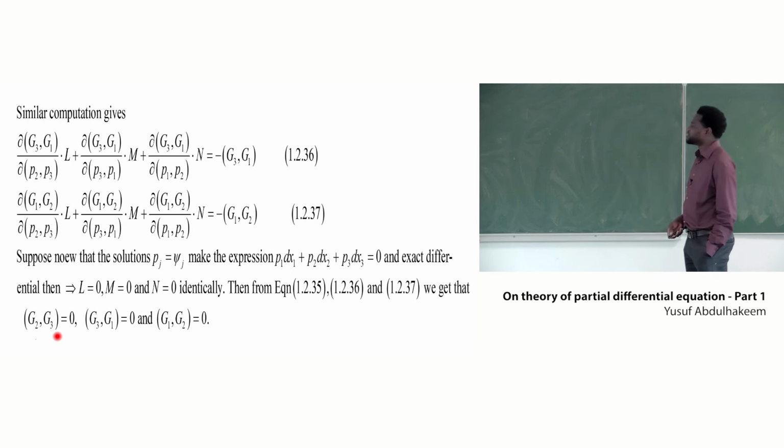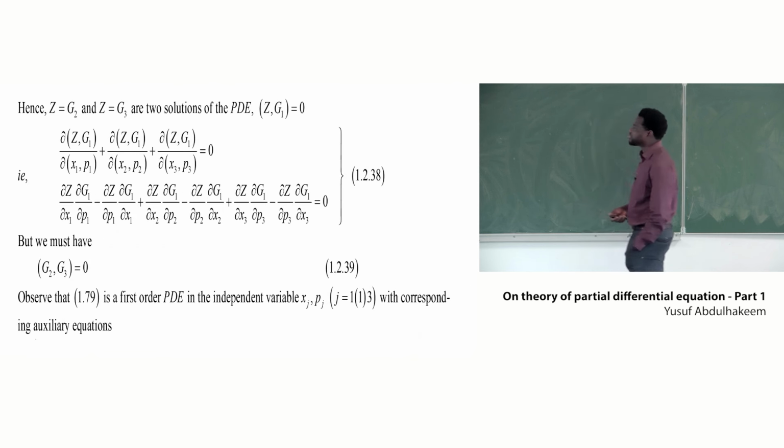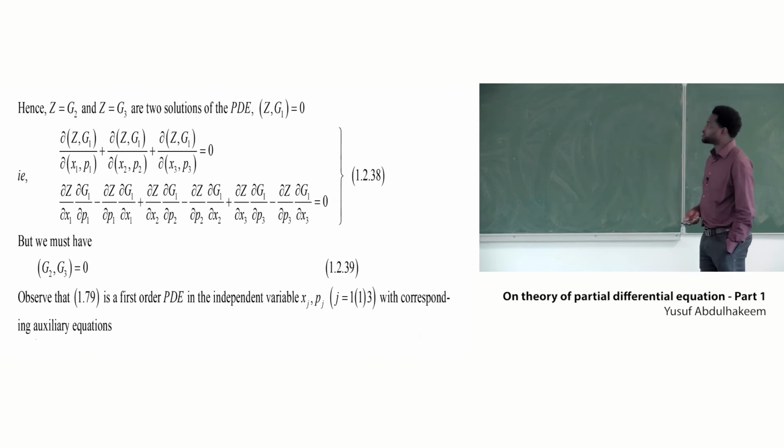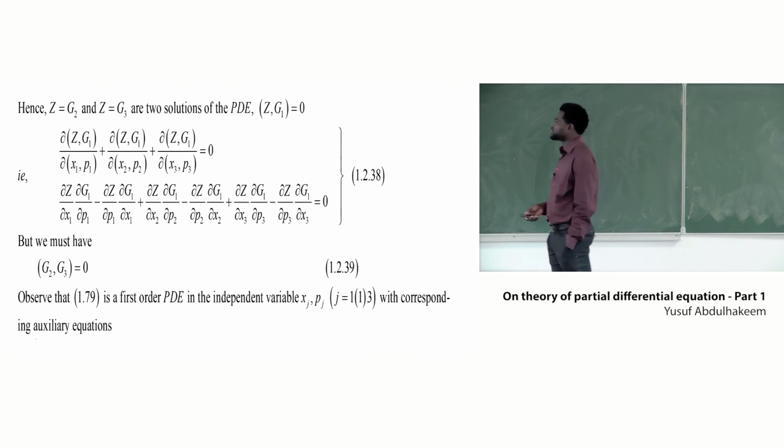Then we recall that hence Z is equal to G2 and Z is equal to G3 are two solutions of the PDE of Z, G1, which is equal to 0.